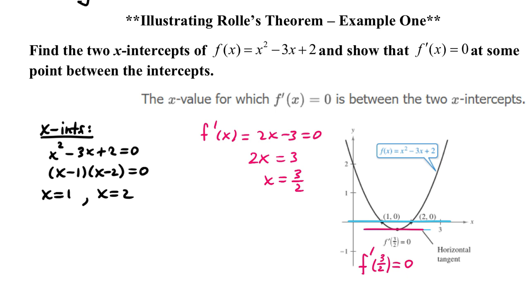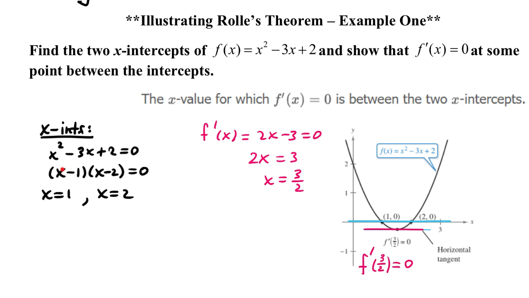Now, the reason we're going to look at x-intercepts this time is that two points on the x-axis are equal in value. They're equal to 0. This function, when factored, becomes x minus 1 times x minus 2, and we're going to put it equal to 0 because that's the function value on the x-axis.